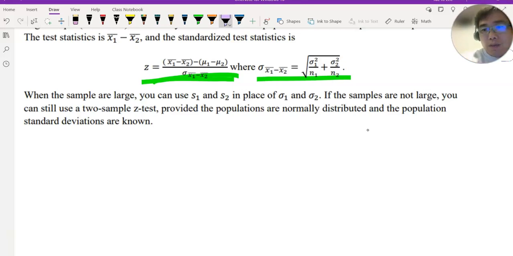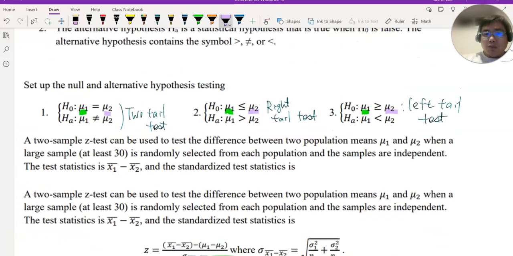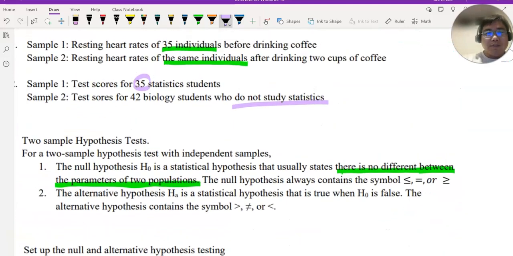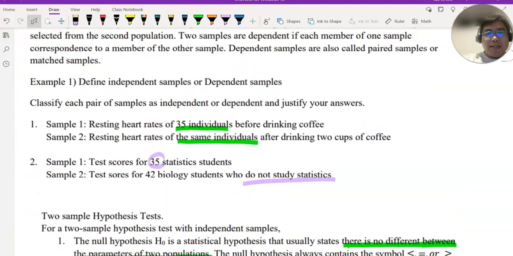So if the sample sizes are not large, which means n is less than 30, even so, if we know the population standard deviations, then we can still use the z-test instead of the t-test. That's what this means.